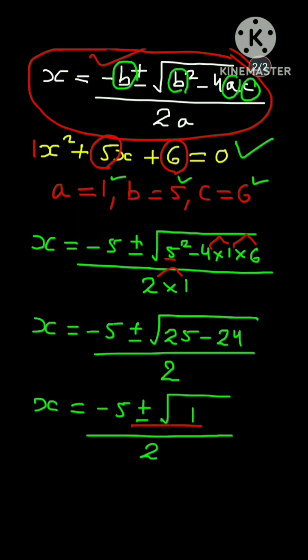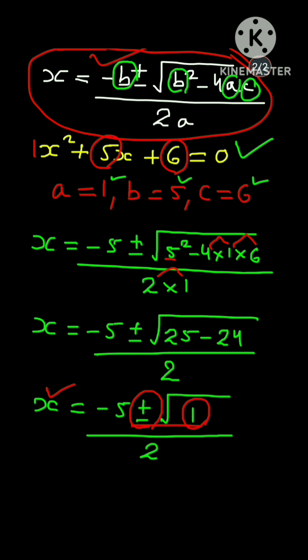And here, as we know, if there is a root over any number, then that number possesses both signs, plus and minus, right? It means this 1 possesses both signs plus and minus. And here, to find the value of x, firstly let's assume the sign of 1 is minus. Then what will be the value of x?